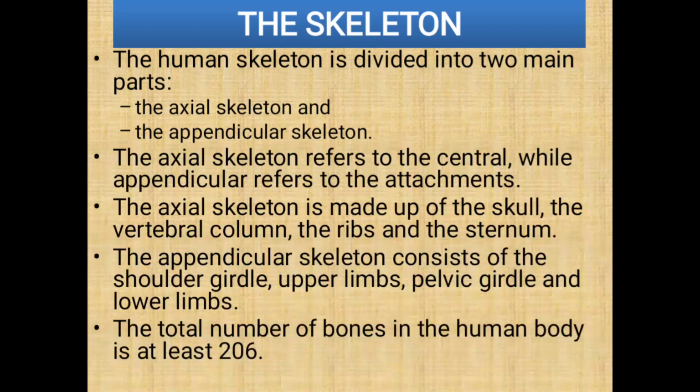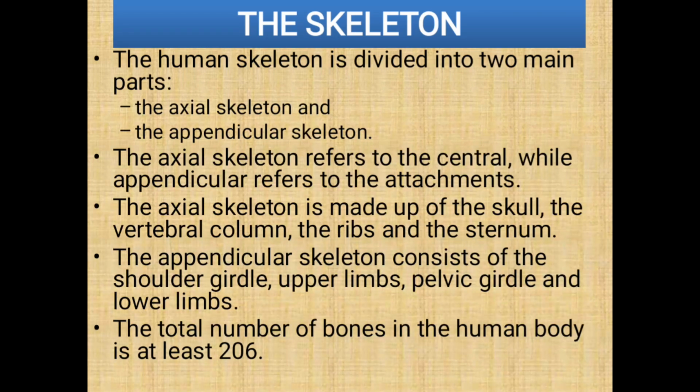Appendicular skeleton tumesema ni attachments. Consist of the shoulder girdle, consist of the upper limbs. Those are what we call the hands, but of course in orthopedic hatuwezi ita hands, tunaita upper limbs. Then tuko na pelvic girdle na tuko na lower limbs kwa miguu yote kutoka kwa hips hadi chini.